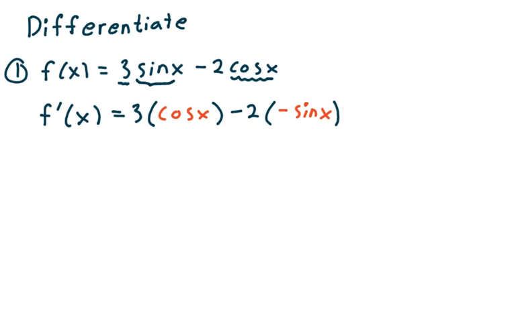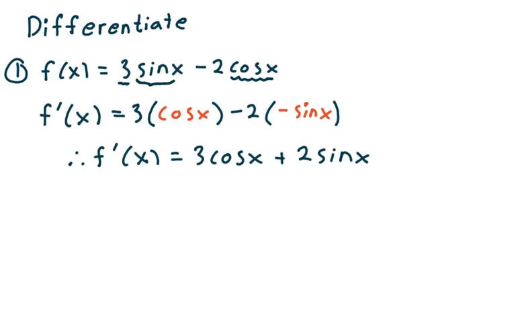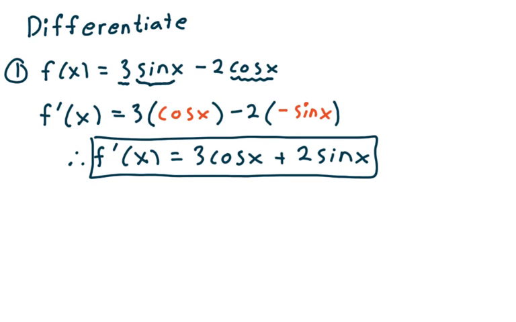But remember, a negative times a negative is a positive. And so, therefore, f prime of x is equal to 3 cosine x plus 2 sine x. And in a nutshell, that's how you do problem number 1.